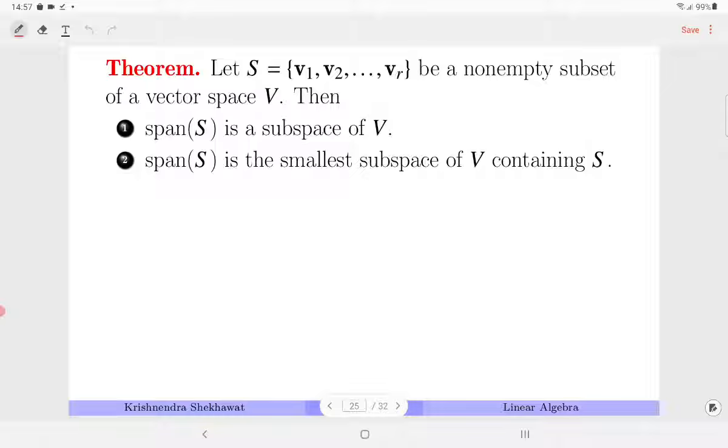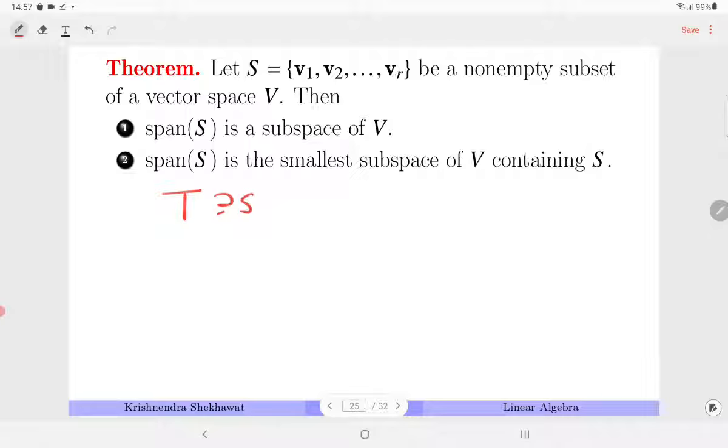Interesting. Span S is also the smallest subspace of V containing S. These kinds of exercises we have already done, how to prove smallest. So consider that. Please do try by yourself first and then you should look at the answer. So consider that T is also a subspace containing S. Now what do I do?